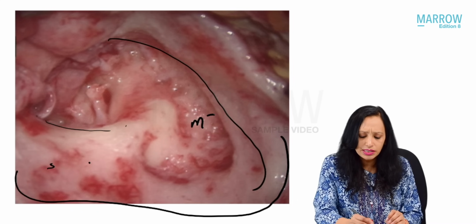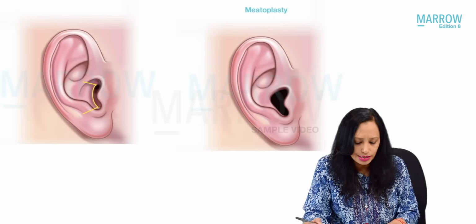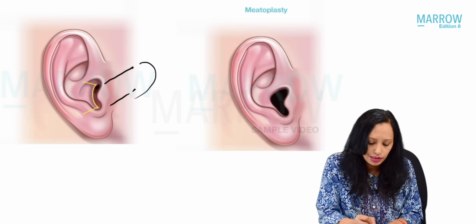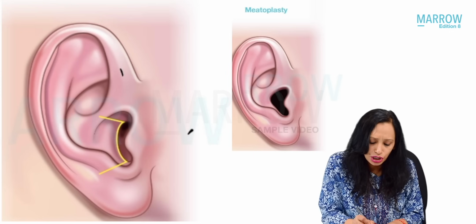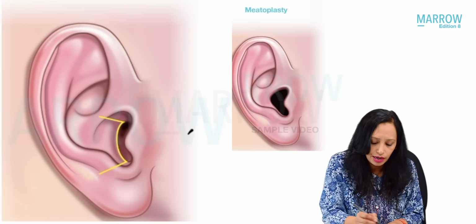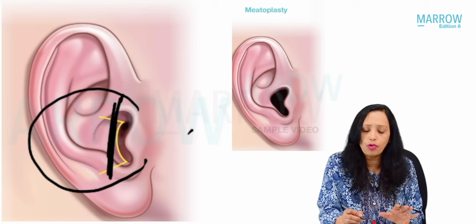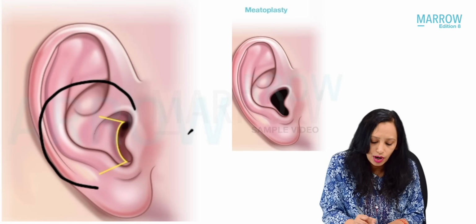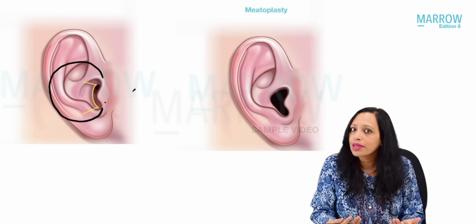Now, I have made such a big cavity posteriorly also, which means that here we had the external auditory canal, that was the middle ear, here we had the mastoid. I have made such a big external auditory canal now. The external auditory canal posterior wall is no more there. This is one big cavity. So, how will I inspect this cavity?